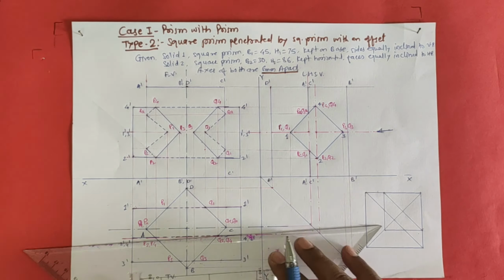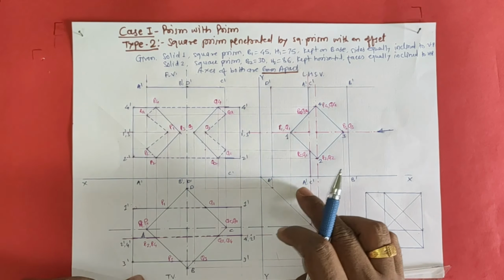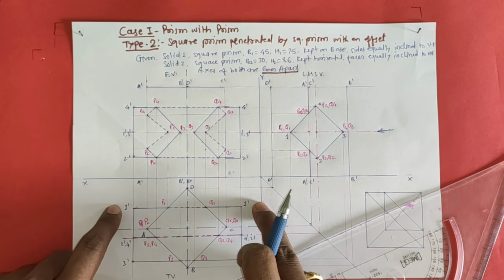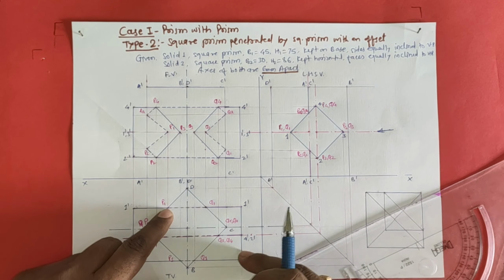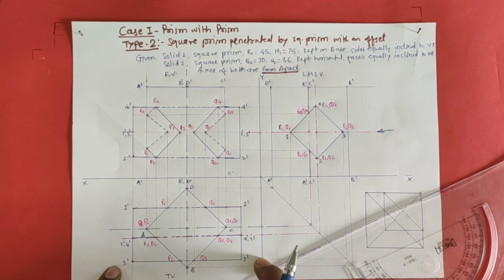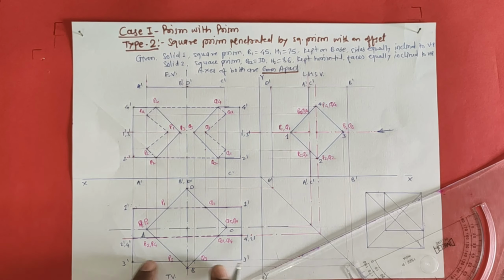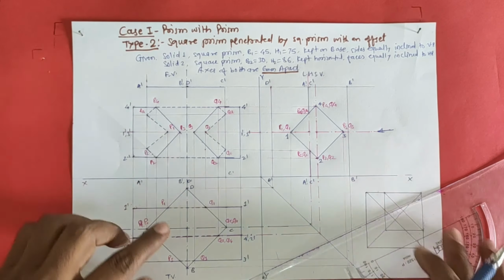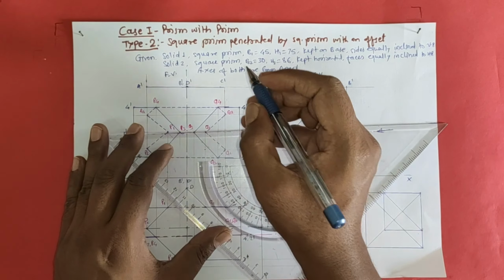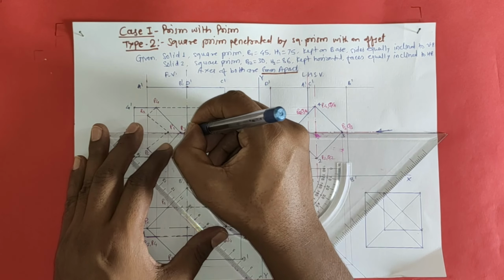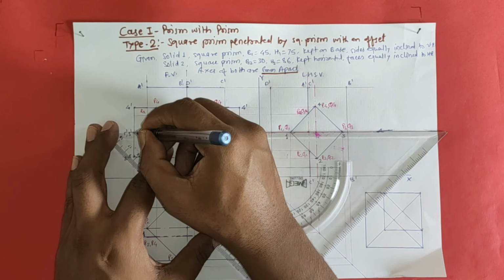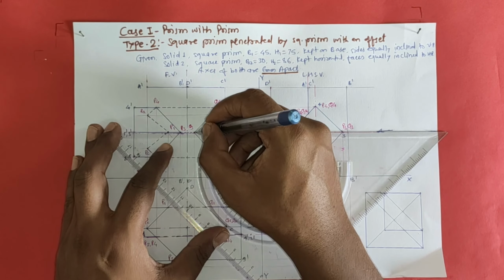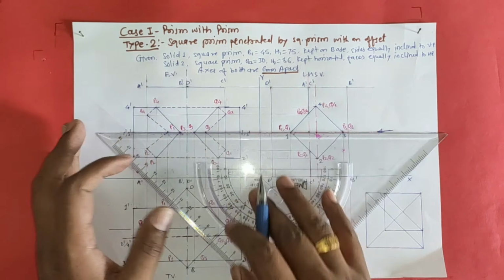Okay, then next 1 1 dash and 3 3 dash. So see the 1 1 dash line, you can mark it dark up to P1 and Q1. Okay, and see 3 3 dash, what is it? Up to P3 and Q3 it is dark, and P3 Q3 is hidden. So this distance P3 Q3 is hidden, so I will mark it hidden, and from P1 to the other it is dark.